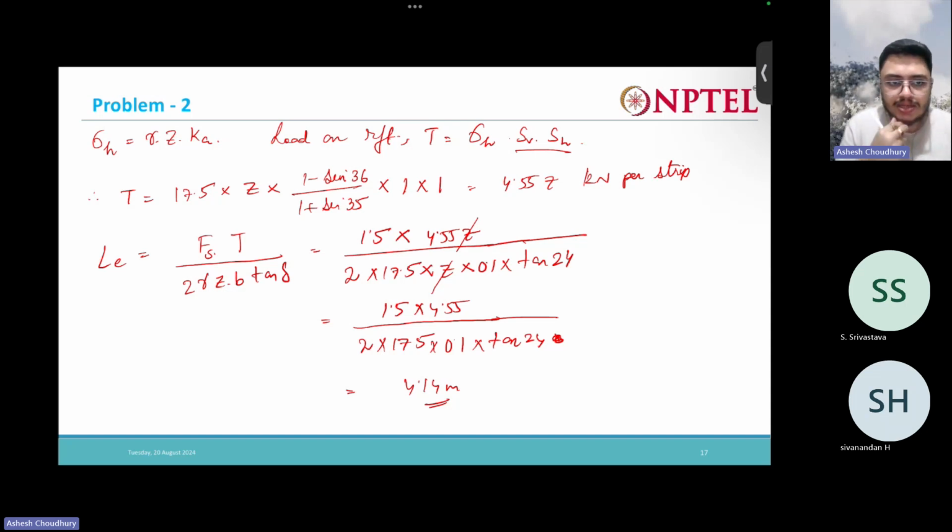The load coming onto the reinforcement, that load we are equating with the frictional resistance. From here we can get the pull out capacity. This is the pull out check we are doing, right? So from this we can get the embedment length. It is coming at 4.14 meter.